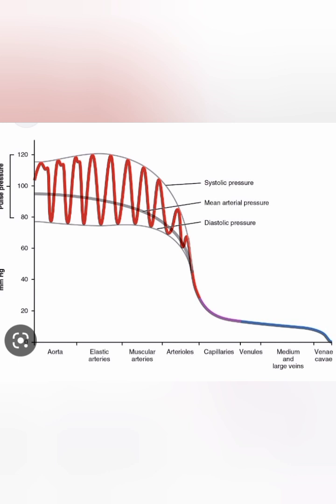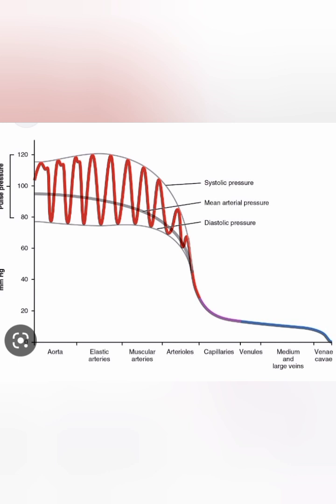Then what is mean arterial pressure? It is the average pressure within the systemic circulation throughout a cardiac cycle.